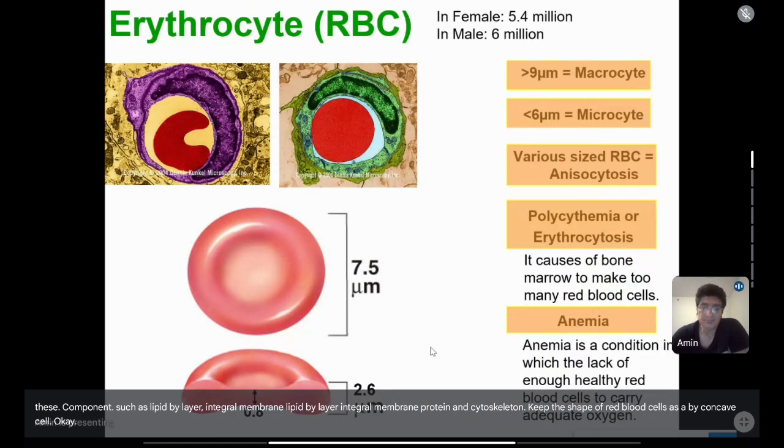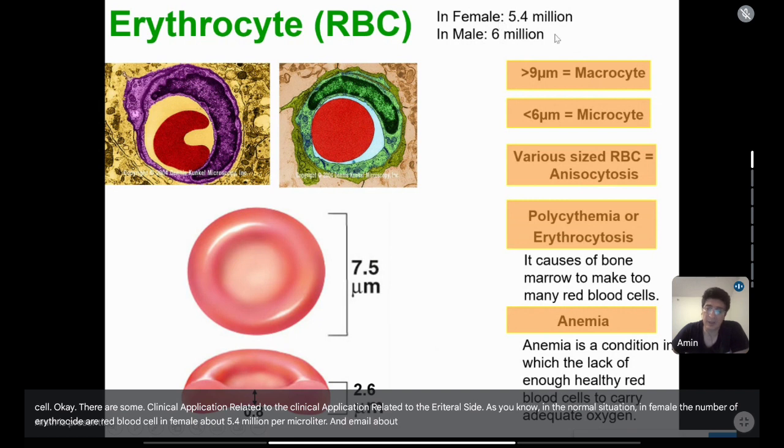There are some clinical applications related to the erythrocyte. As you know, in the normal situation, the number of erythrocytes or red blood cells in females is about 5.4 million per microliter, and in males about 6 million per microliter.